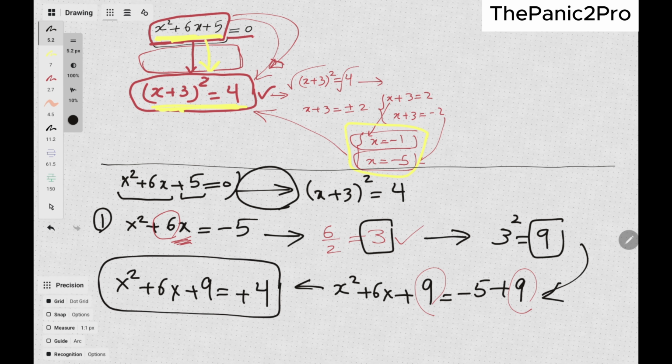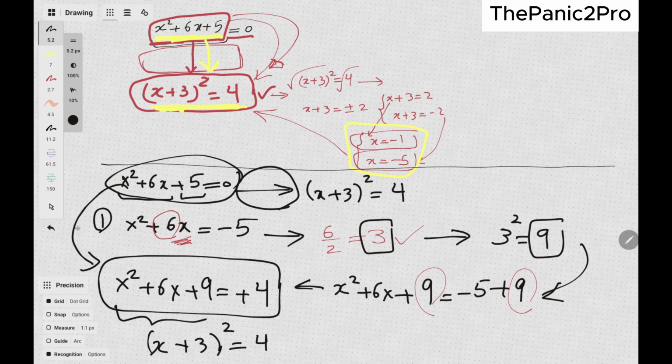So basically I got from here to here. And then this side is the familiar format: x plus 3 squared. I could write that in a square format. And how do we know that this goes from here to here? You know that you're looking for two numbers that add up to 6 and multiply to 9.